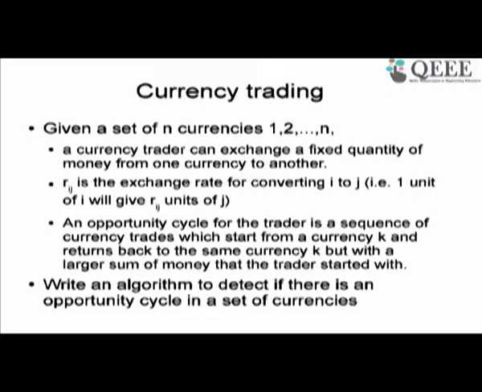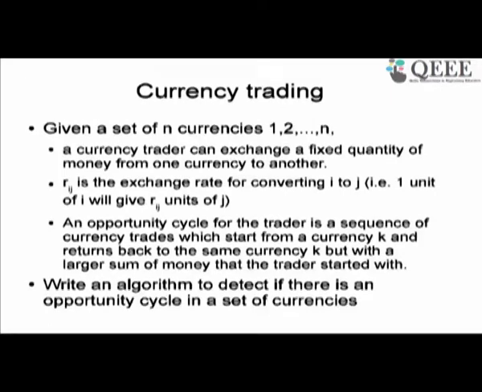Now if I start from rupee, go around and come back to rupee, and I make money by doing that, then I have a cycle which has a positive overall product.